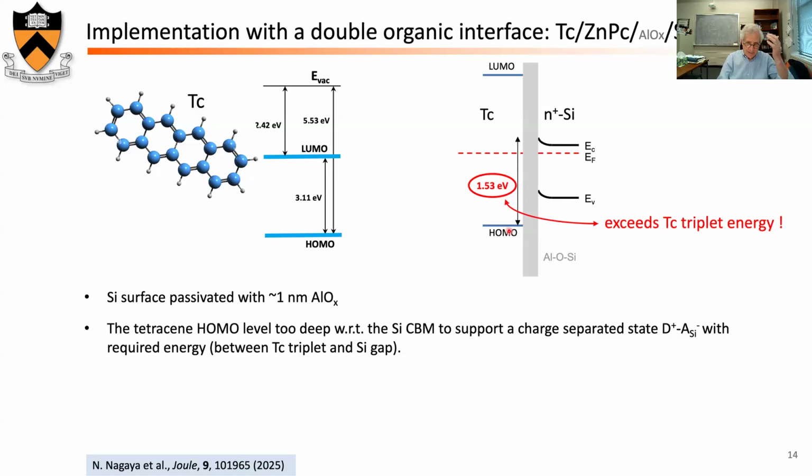If you remember what I just said, in the triplet transfer with the electron in the conduction band and the hole in the HOMO level, that would create a charge separated state with an energy of 1.5 electron volts, which exceeds the tetrazine triplet energy. So that is not going to work on a system like this.